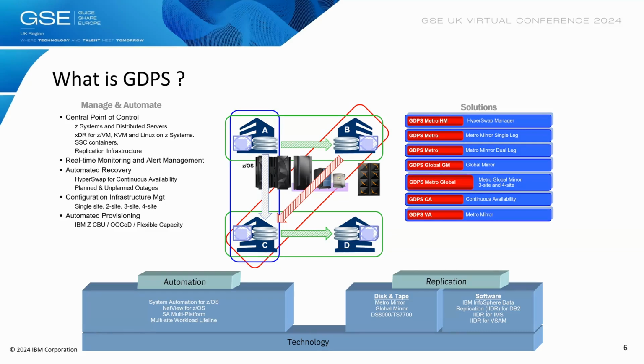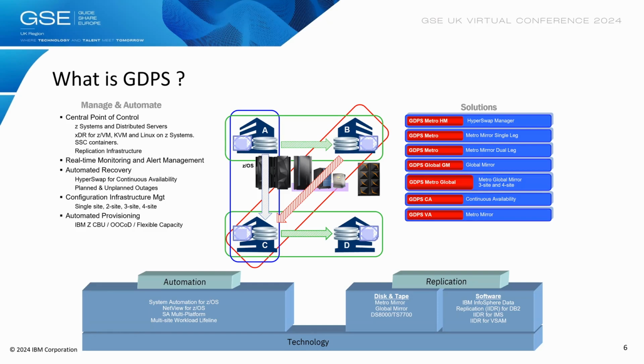GDPS is designed to manage and automate your CADR capabilities on IBM Z. So CADR for continuous availability and disaster recovery. It offers a single point of control for your CADR capabilities and allows you to manage z/OS systems as well as distributed servers running on Z, such as Linux on Z, Linux on z/VM, Linux on KVM, IDAA or secure service container, and so on.